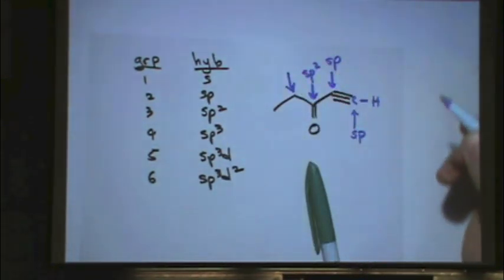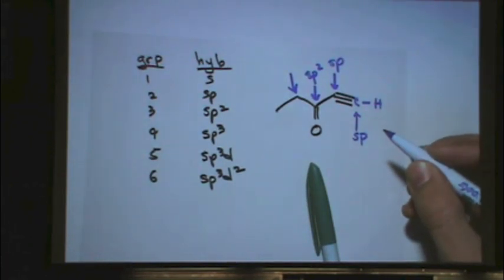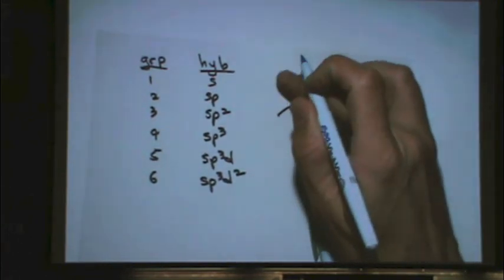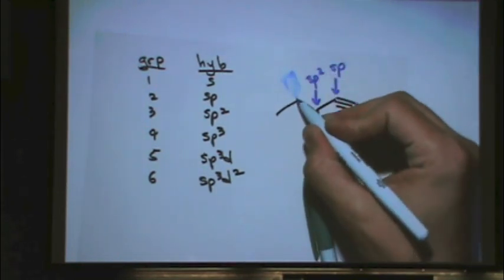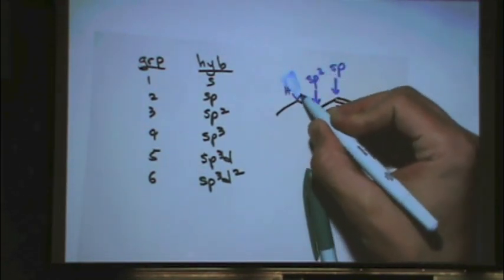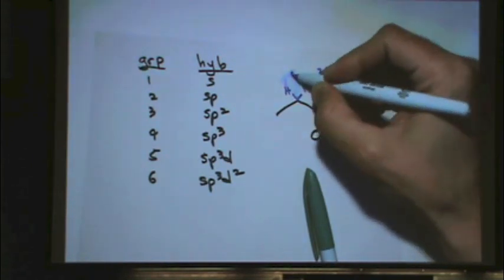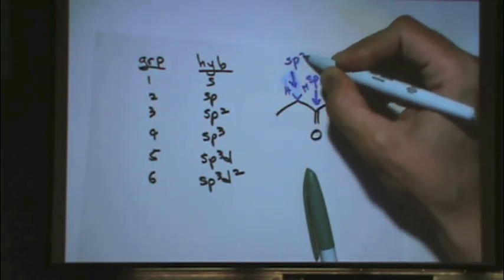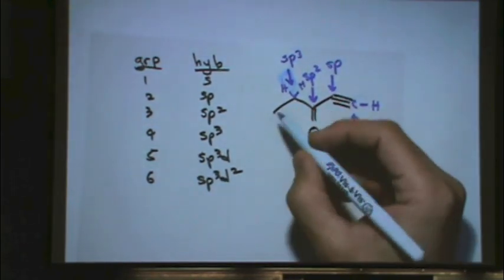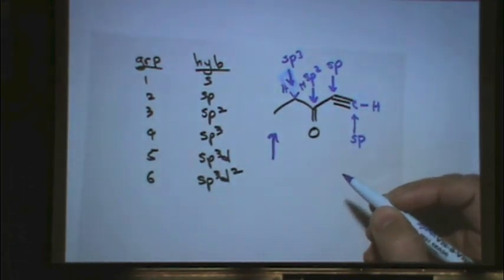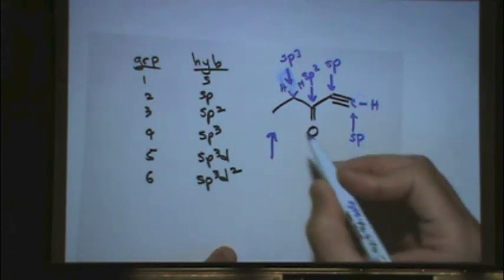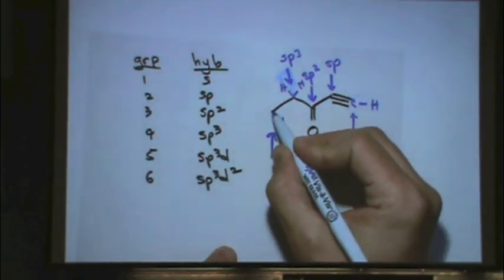Right here, you should see four groups. Every carbon has four bonds, so a total of four. So this is sp3. How about there? You should see four, since every carbon has four bonds.